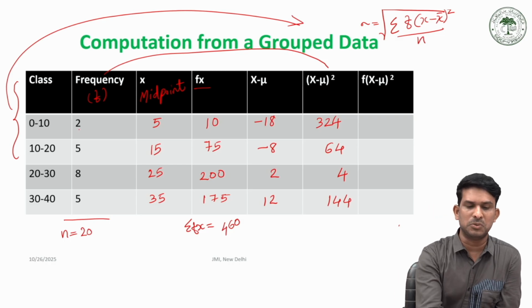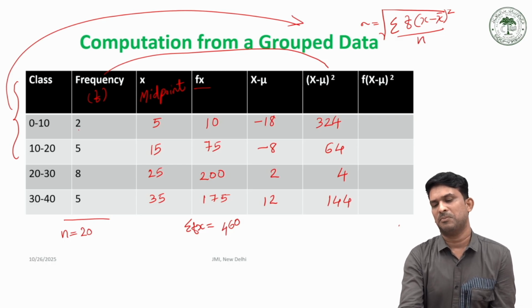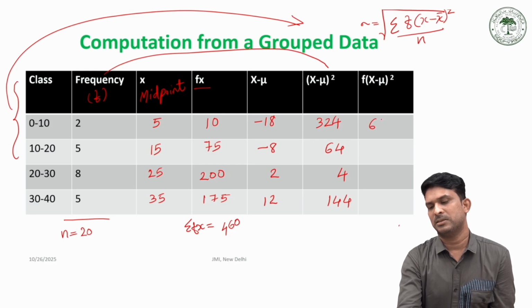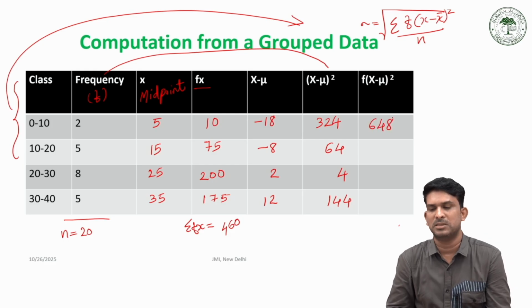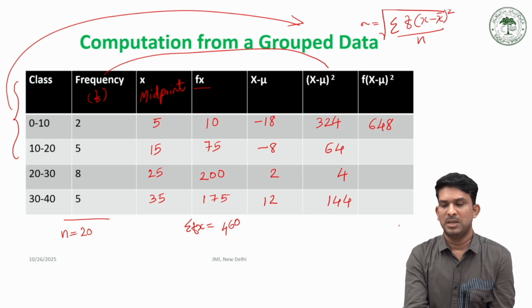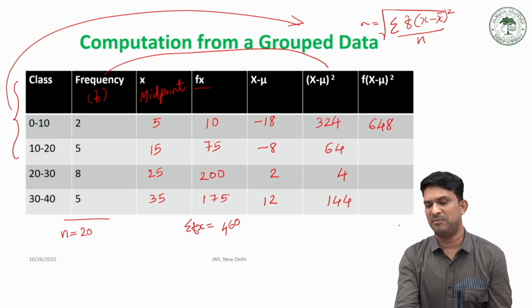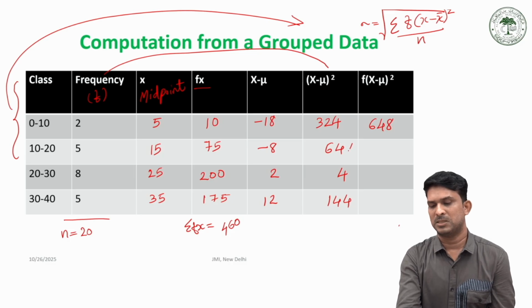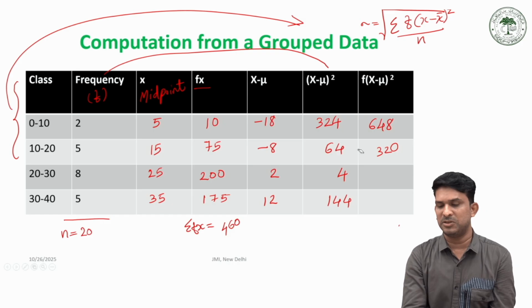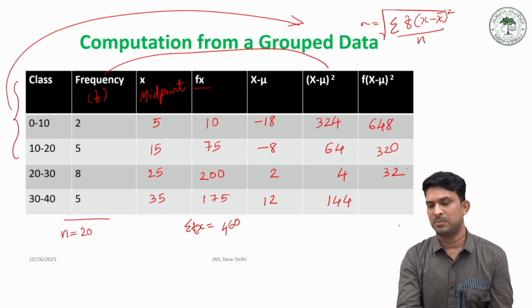What do you have to do? 2 into 324, 648, right? I got it. It's very simple. Next, 64 into 5, 320, right? Next is 8 into 4, 32. Am I right?